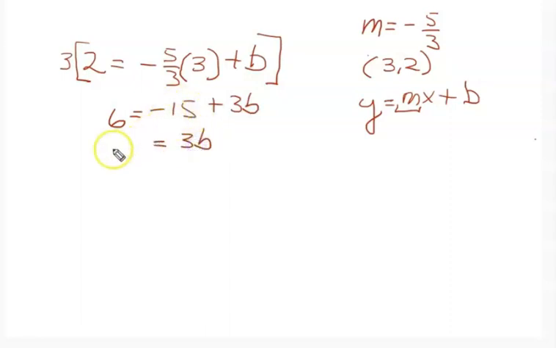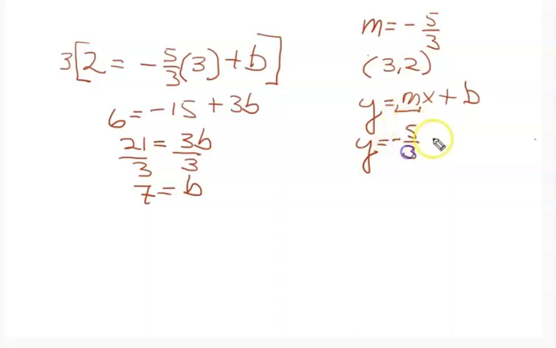Bring this over as a +15, and 6 is 21. So we're going to divide both sides by 3. And our new b now is 7. So we can write our equation in slope-intercept form. y equals, we know our slope is going to be a -5/3 x. And our new b now is plus 7.